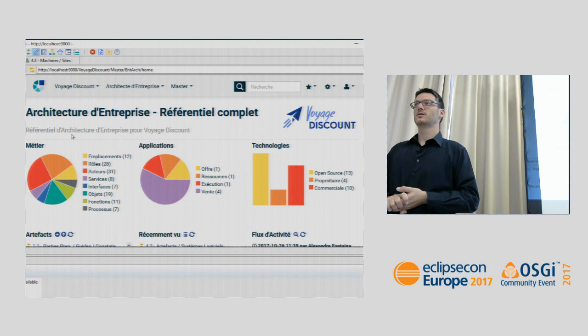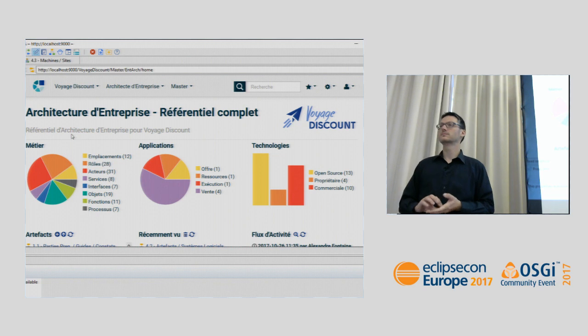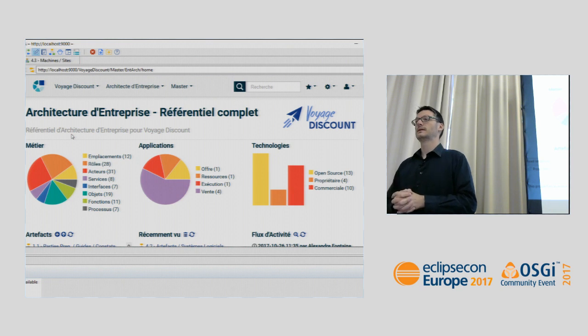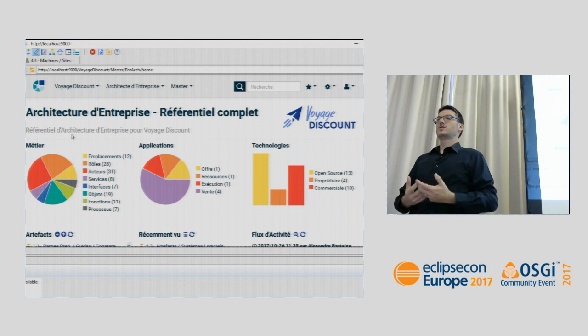Other question? Another question is the CDO choice. There are some other EMF persistence frameworks like EMF Store. Why did you choose CDO? For several reasons. The first one is that when we made the choice, and still today, we think it's the most mature project.